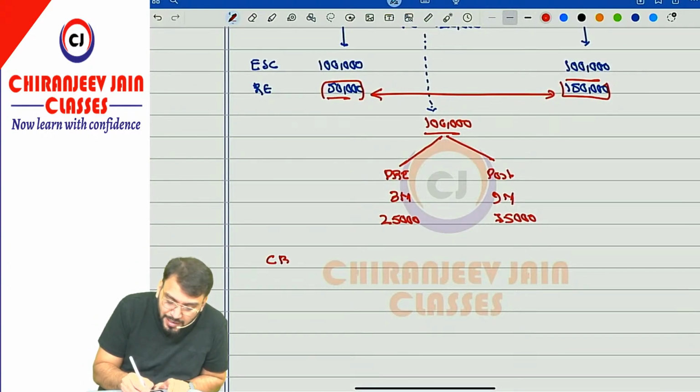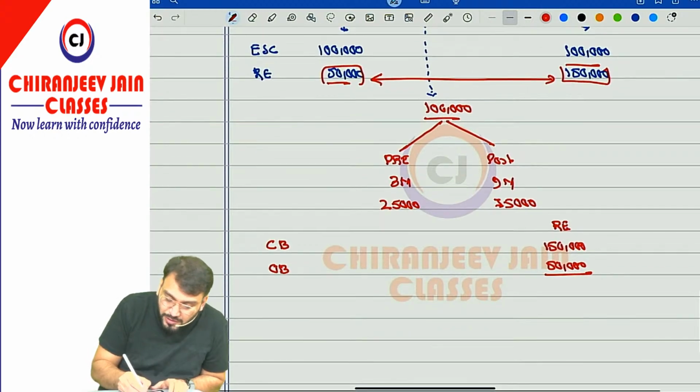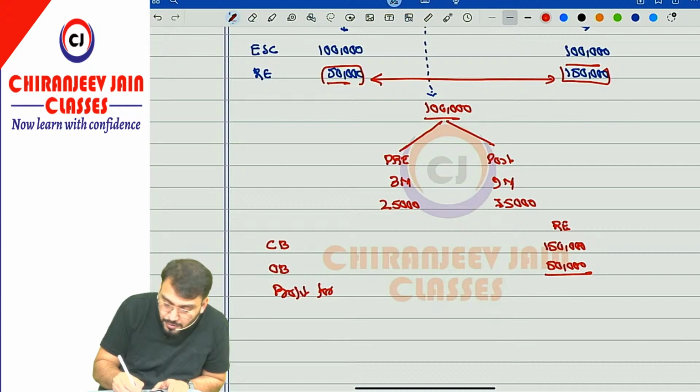Write down the closing balance of PL. Here the retained earning closing balance is 1,50,000. We'll write down the opening balance, which is 50,000. The difference will be the profit for the year, which is 1 lakh.